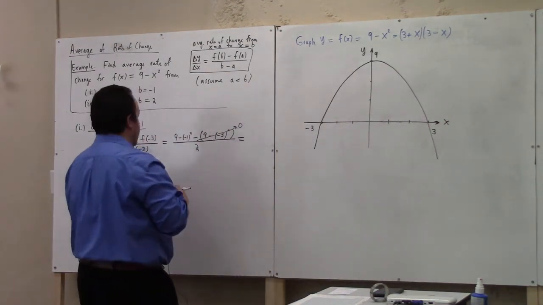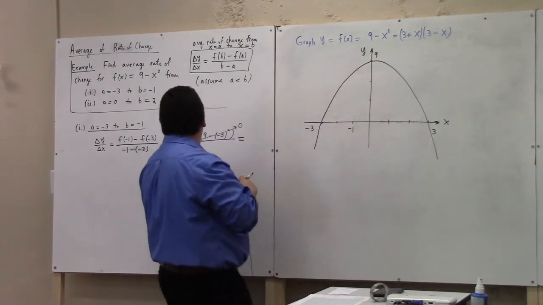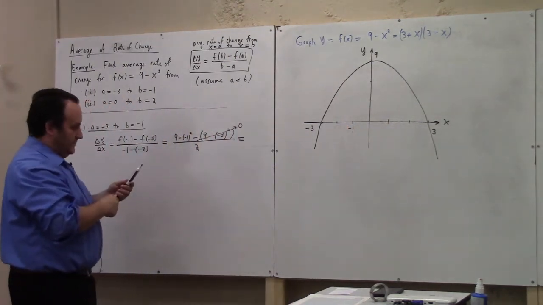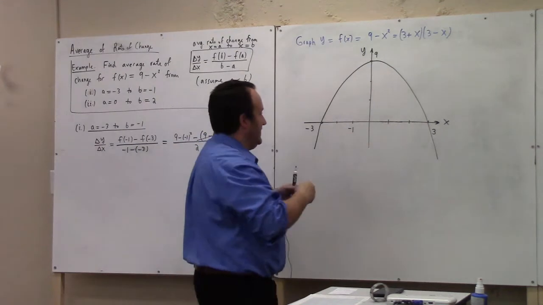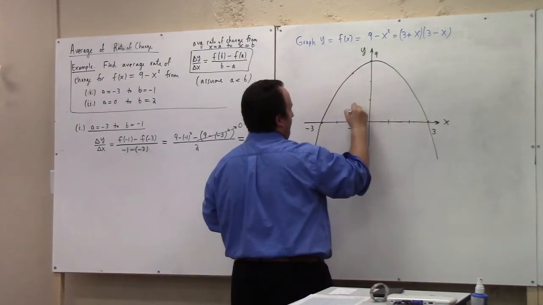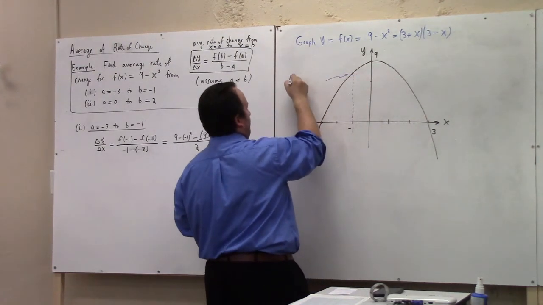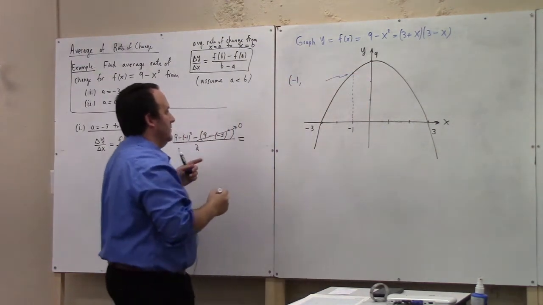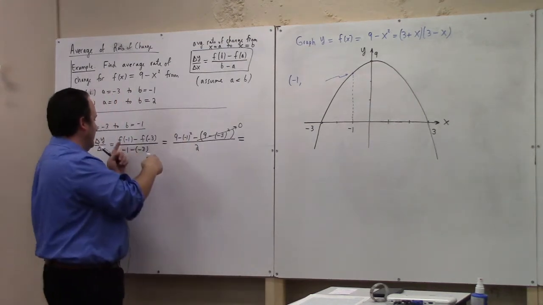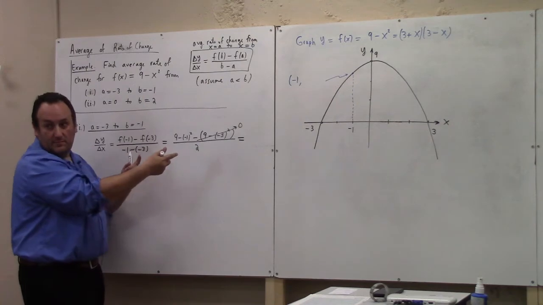And what we're just calculating here is that minus 1, right? What's f of minus 1? What is this value? F of minus 1 is actually 8, right?